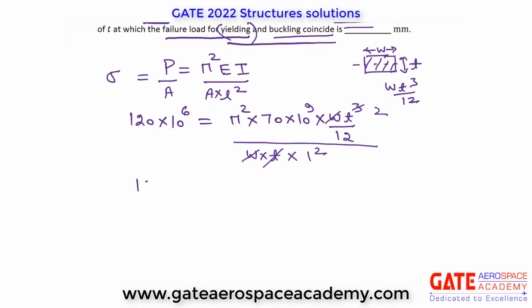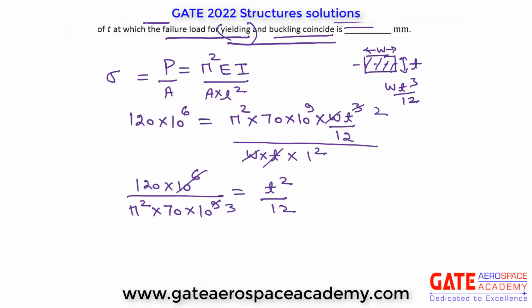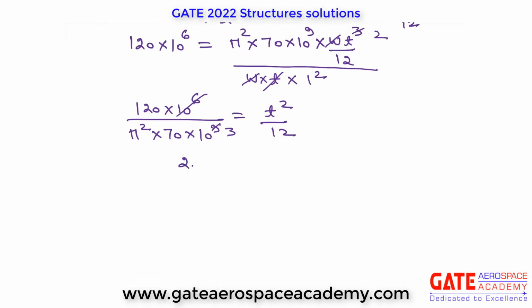So we will get 120 into 10 raised to power 6 upon pi square into 70 into 10 raised to power 9 is equal to T square by 12. So this will be 2.084 into 10 raised to power minus 3 is equal to T square.